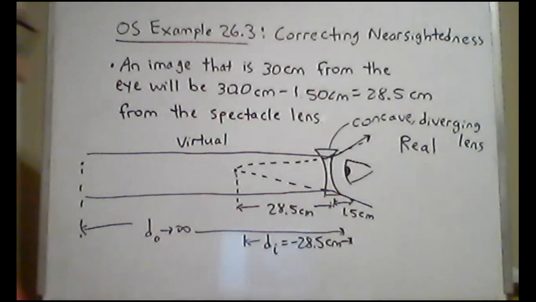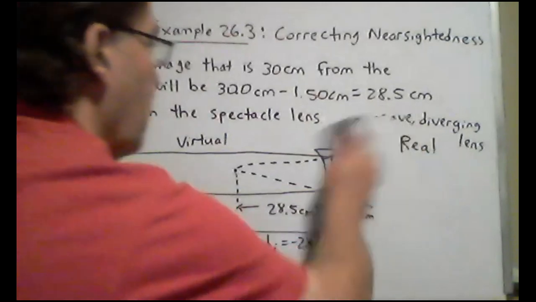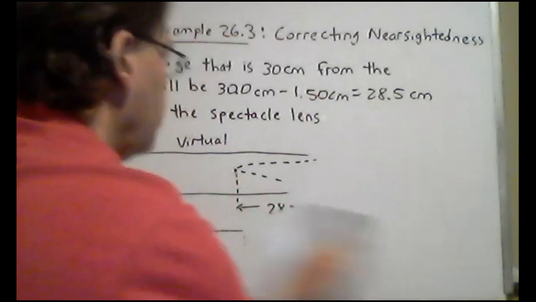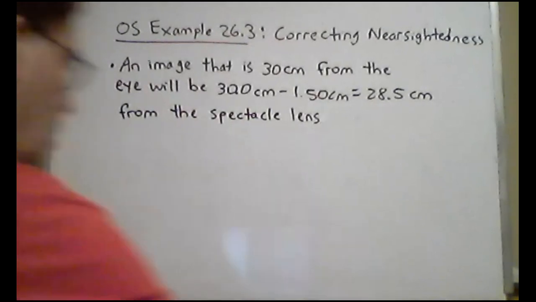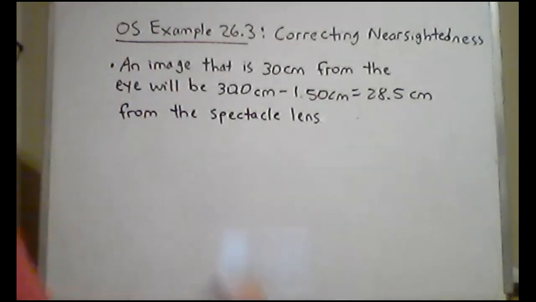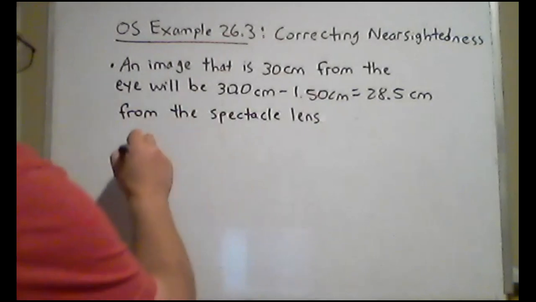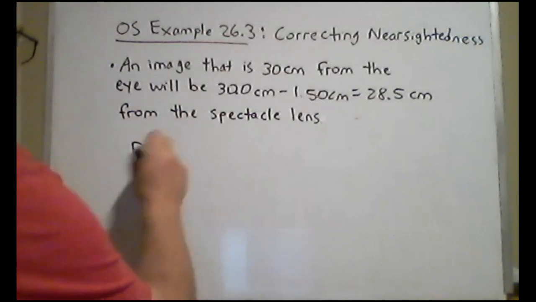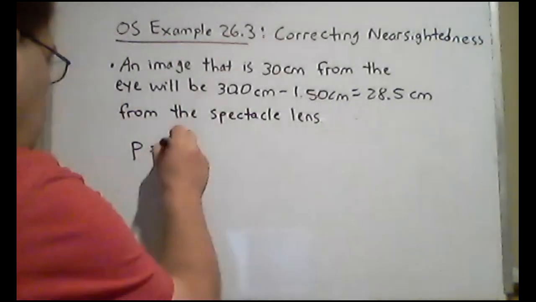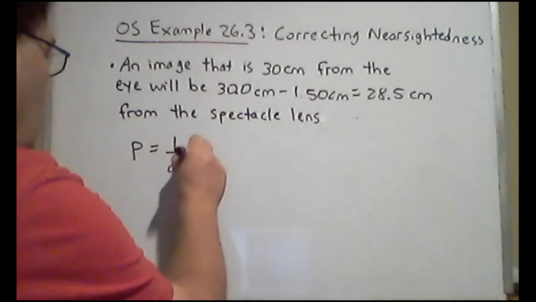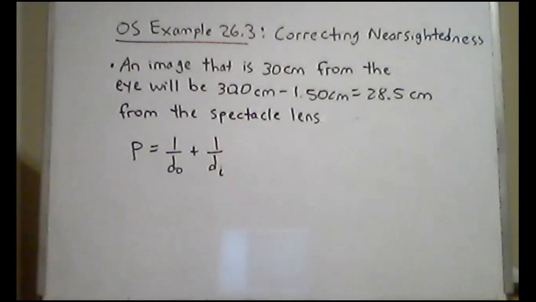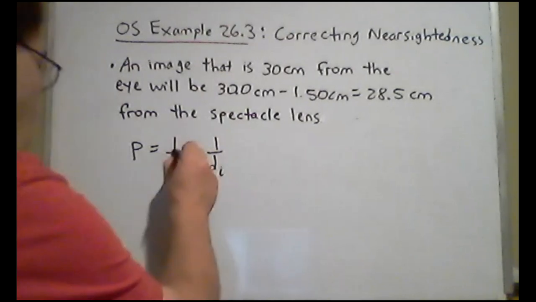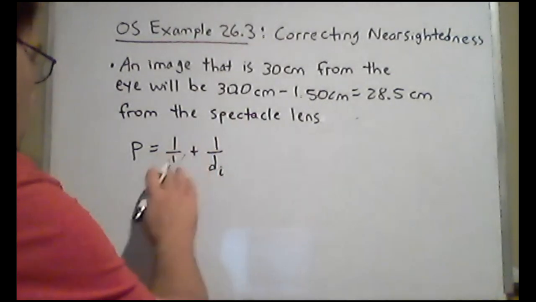All right, and so let's write that mathematically now. So what is the formula for the eye doctor? Well, D is 1 over D sub O plus 1 over D sub I. All right, well, again, what's D sub O? Well, D sub O is basically infinity, right?